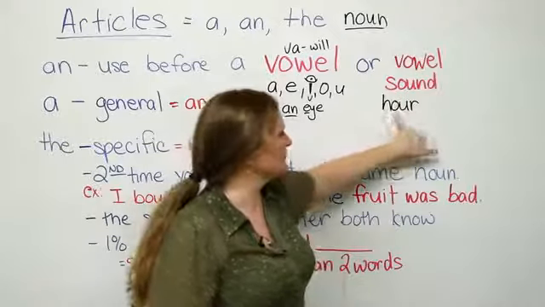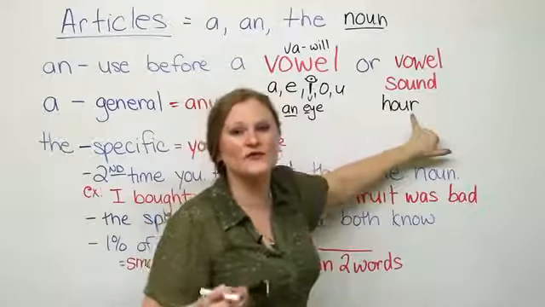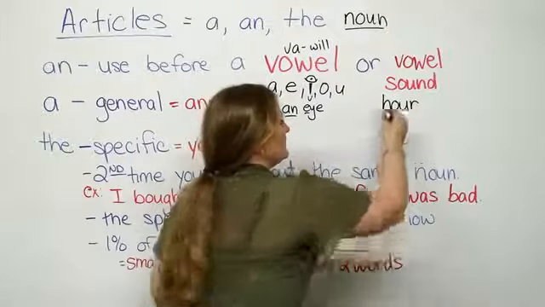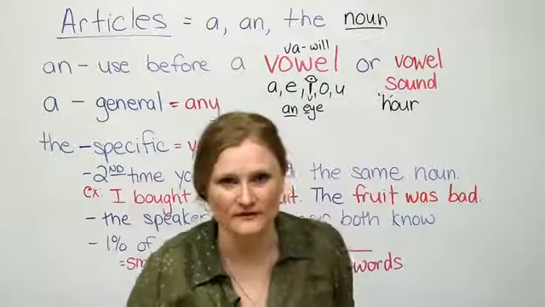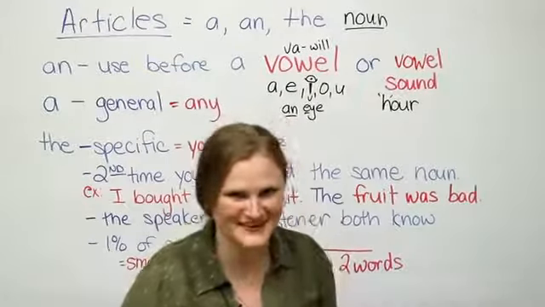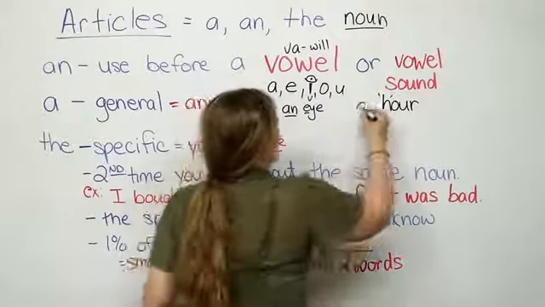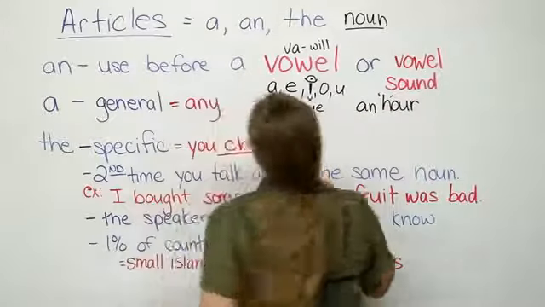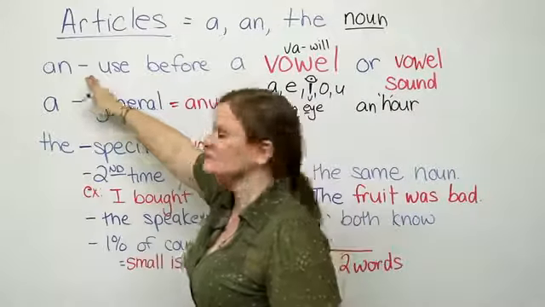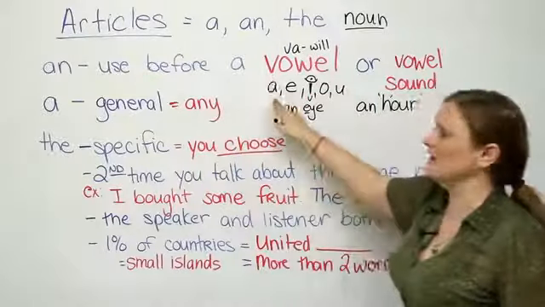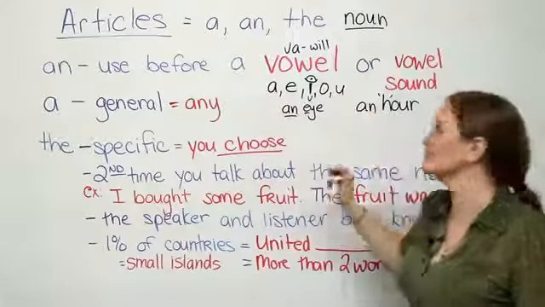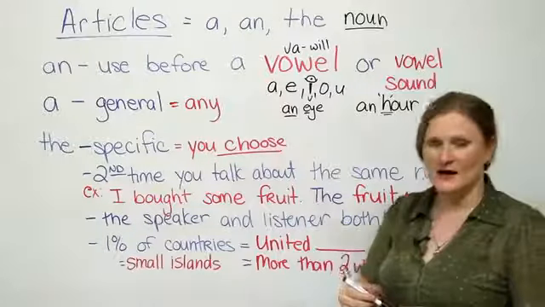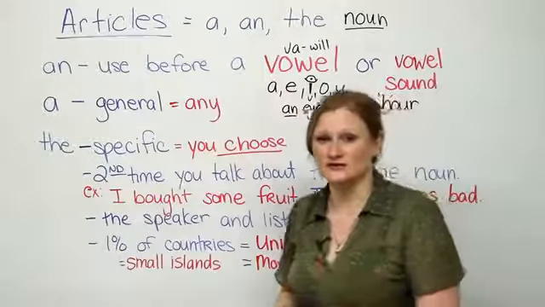So, because this word hour sounds like a vowel, because the H is silent, we have to say an hour. Okay, you got it? You with me? An hour. So, an we use before a vowel or before a vowel sound, usually a noun that begins with an H.